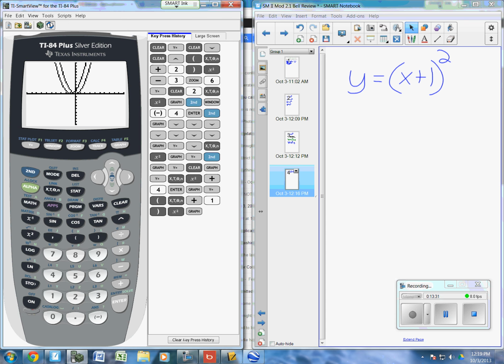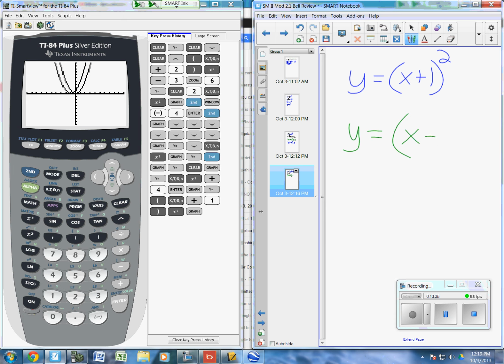Okay, next right here. Raise your hand if you know where the vertex of this one is going to be. All right, McKenna. 3, 0. What do you guys think? She right?